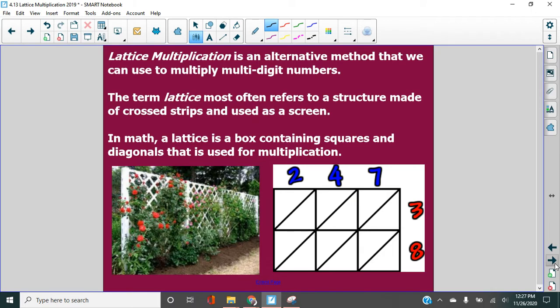This is called lattice multiplication, right? It's an alternative method that we can use to multiply numbers. Okay, and I will tell you that this is usually either a love it or hate it method for kids. Some kids will absolutely love this and will want to do this every single time. And some of you will learn how to do this and then say you hate it and never ever do it again.